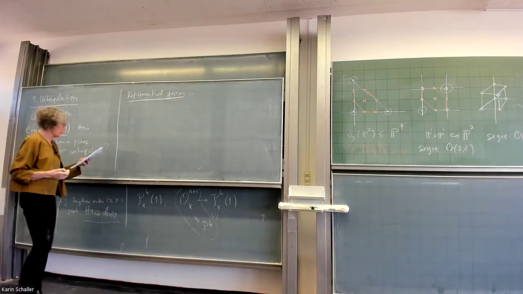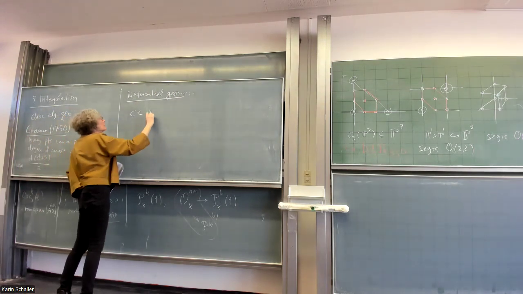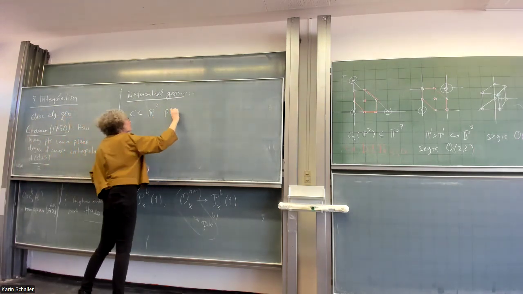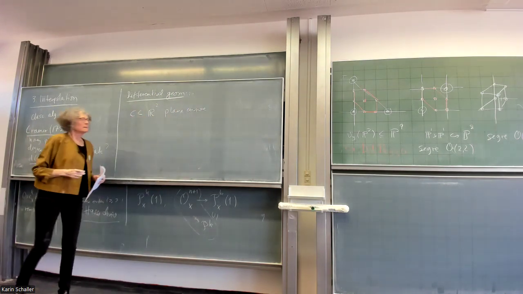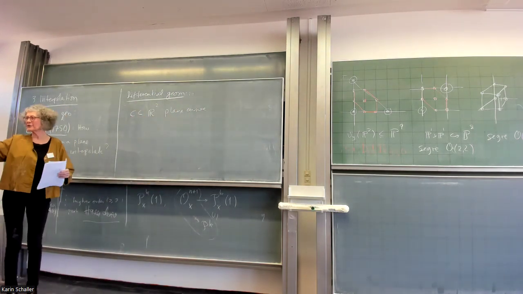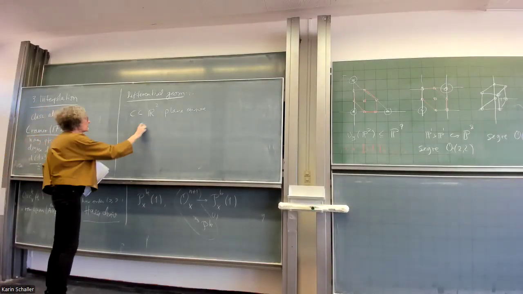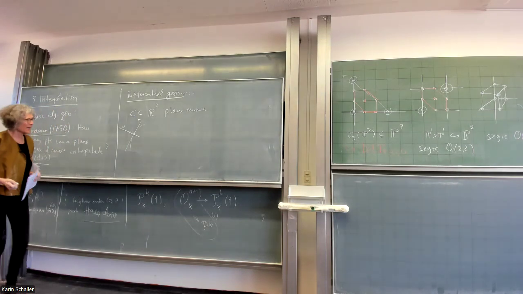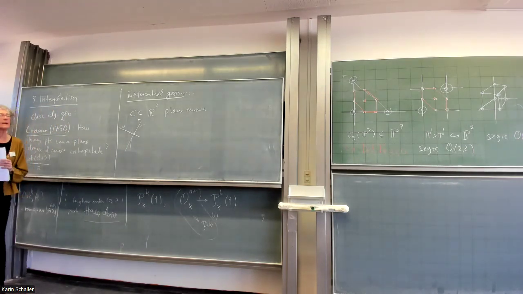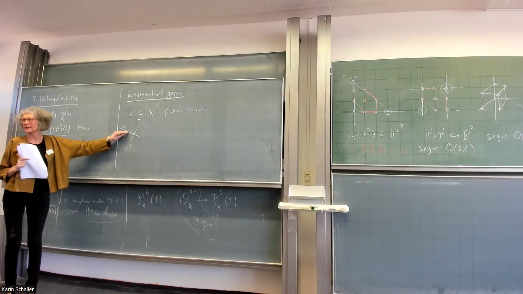So for example, if you have C, a plane curve in the Euclidean plane, it will have, of course, tangents, but it will also have normals. So for every curve, you have a tangent, and then you have a normal. And now you can ask, can you find another curve which has these normals as tangent lines?